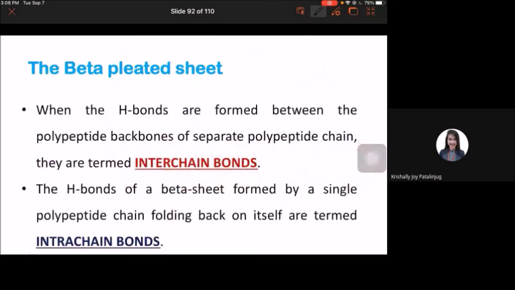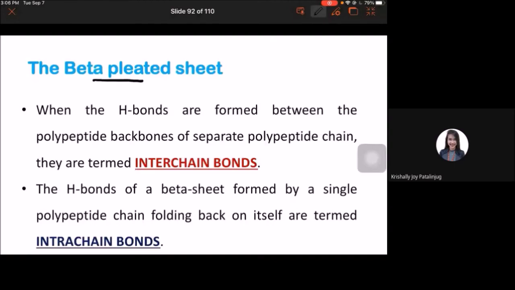Okay. Now, we have mentioned earlier na ang beta pleated sheet, di ba, pwede siyang one or more polypeptide chains. Okay, yan yung beta pleated sheet. Now, may connection yan sa nabubuong hydrogen bonds.